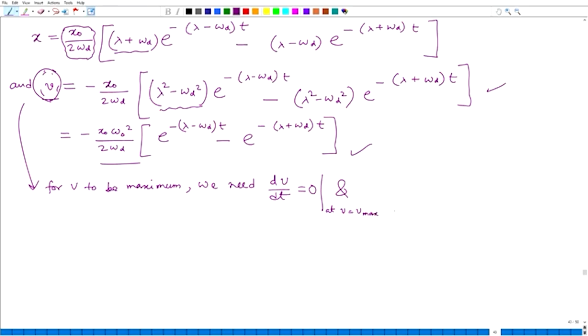Okay. I am just saying that this is something we have to have at one specific value of velocity, and for that specific value if you also evaluate d2v/dt2, then that will be less than 0, that will be negative, that is the maximum condition. So, I will first do this one. Okay.